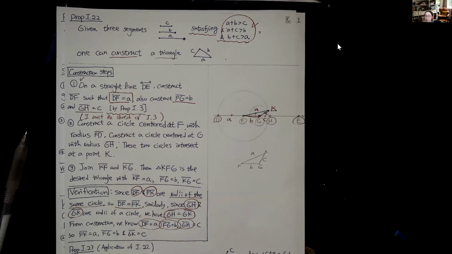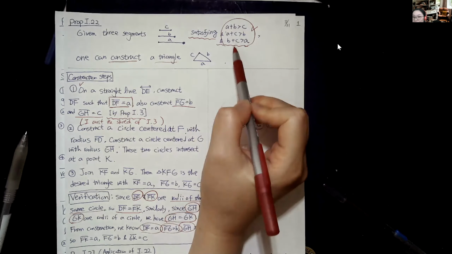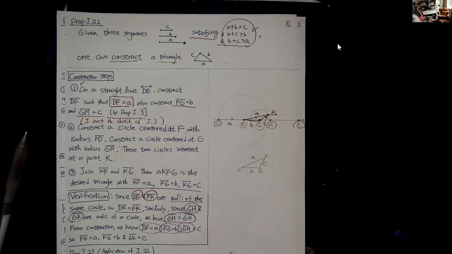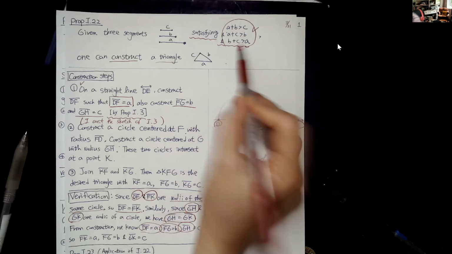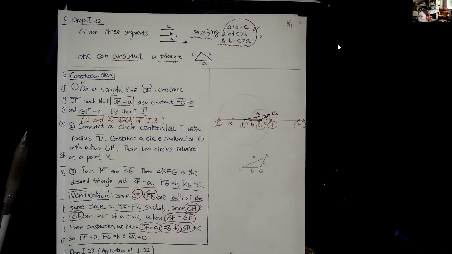It's not very difficult, but if you pick the lengths of segments A, B, and C not carefully enough, so that they don't satisfy this inequality, then the two circles may not intersect, and that's where the construction fails.